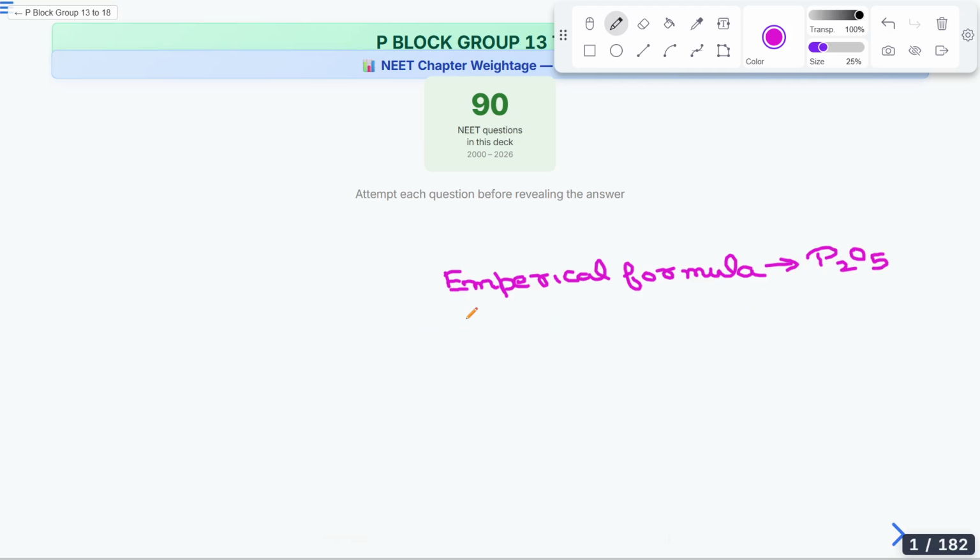And the molar mass is given as 283.89 gram per mole. So this is your question. The empirical formula is given and the molar mass is given. You have to find the molecular formula.